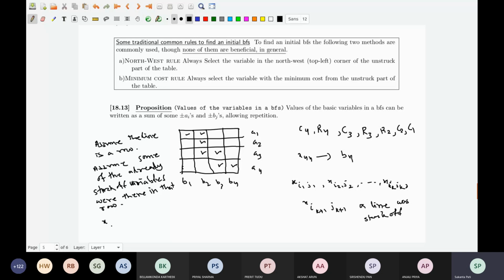That value will be determined by a_ik+1 minus whatever the struck off variables are that are present in that row. But according to you, each of them can be written as plus minus ai's and plus minus bj's.